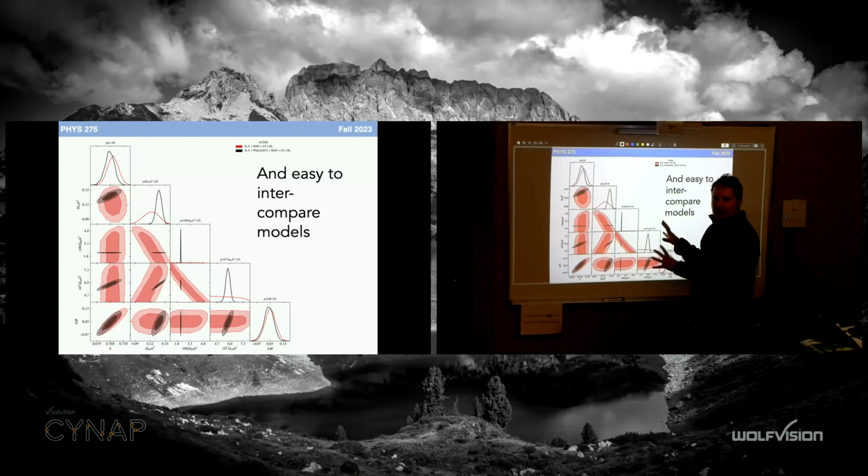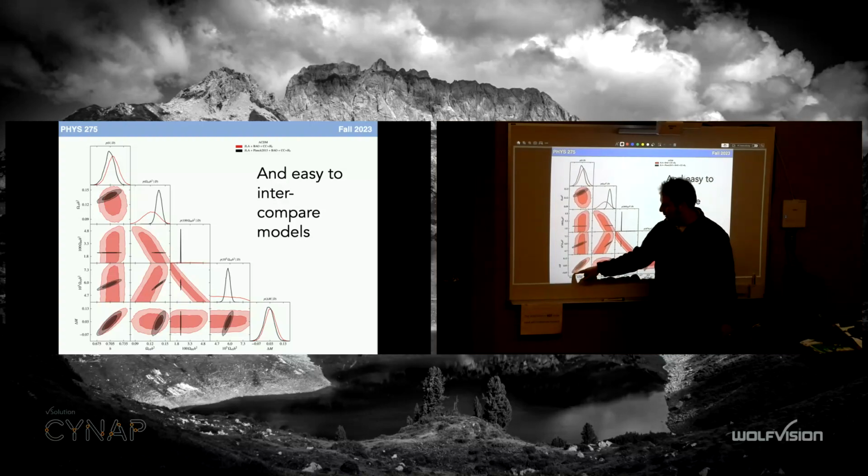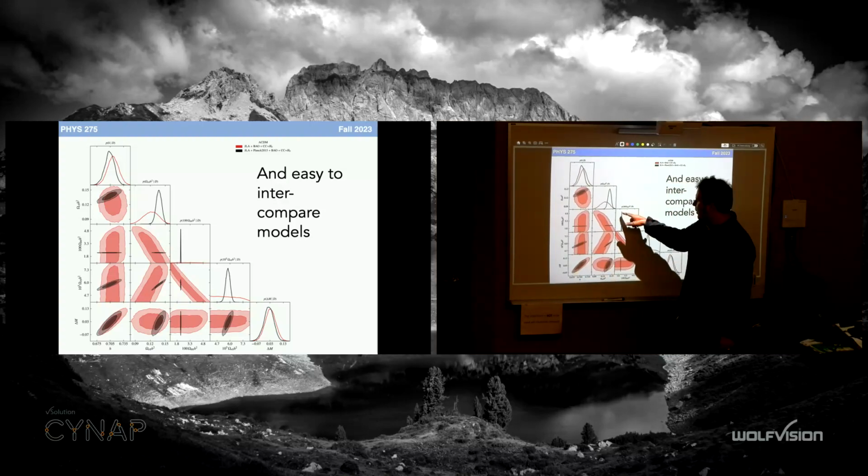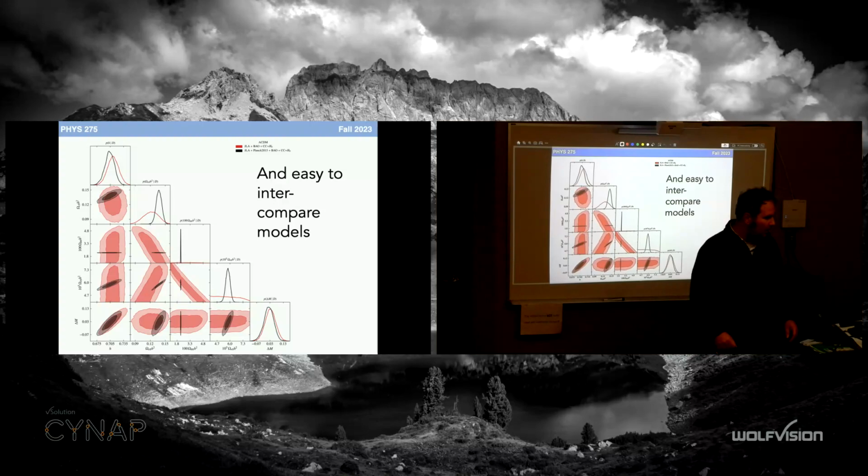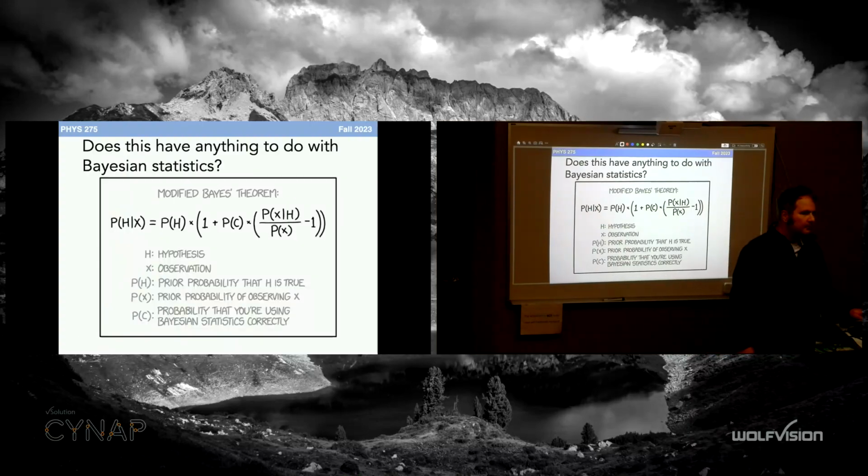So I can immediately compare where they're degenerate, where both models agree, because the contours overlap, or where one of them is really constraining and the other one is not. See, so I can actually take multidimensional models, you fit to completely different data sets, and see how well those two agree. It's a good visual intercomparison.